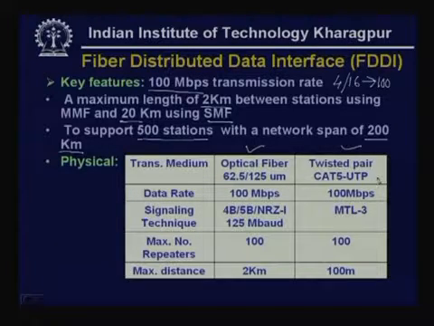On the other hand, in case of twisted pair, it generates MLT-3 encoding, and the maximum number of repeaters that can be used is 100 in both cases. And as I mentioned, when multimode fiber is being used, the distance that can be covered is 2 km, and for twisted pair, category 5 unshielded twisted pair, it can be 100 meters.